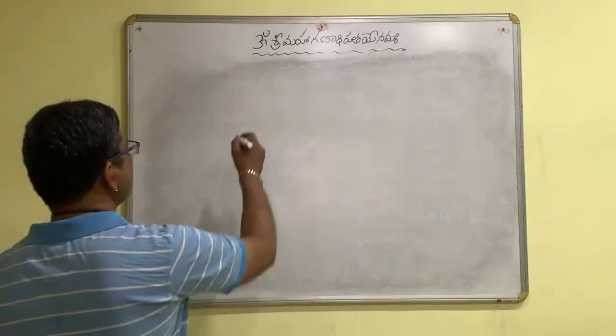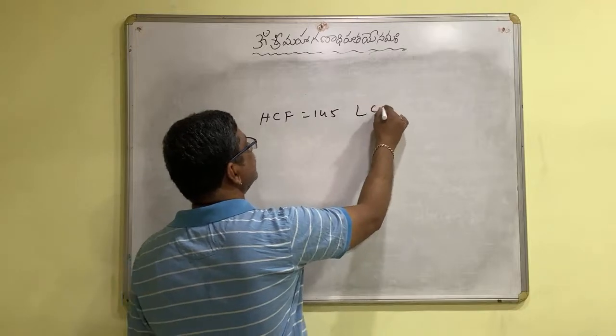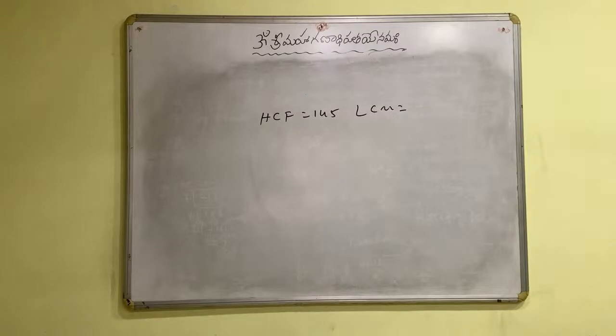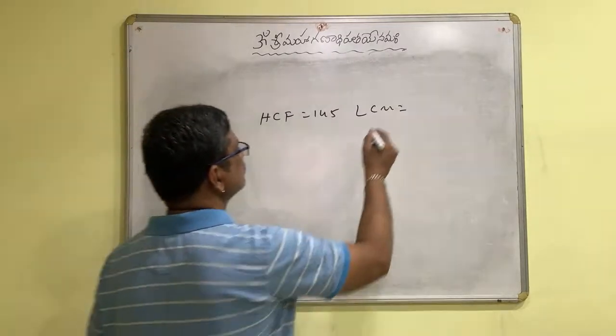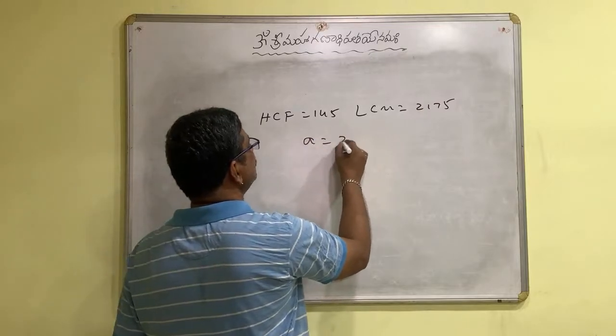Next question. The HCF of two numbers is 145, and the LCM is 2175, and one of the numbers is 725.